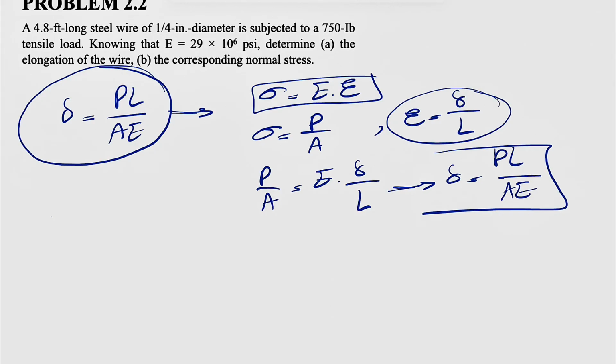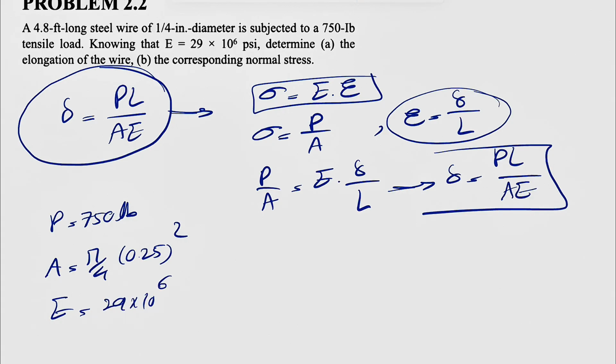The givens in this question: the force P is 750 pounds. Finding the area is pretty easy: pi over 4 times the diameter, which is 1/4 or 0.25, squared. We already have the elastic modulus, 29 times 10 to the 6 psi, or pounds per inch squared.